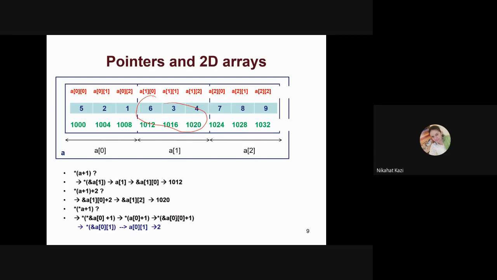And then plus 1. Okay, you just follow this sequence. So you will get address of A of 0, 1. Okay, and these two operators complementary cancel out. So you are left with the element. So you are seeing how the double star has come now, and you are getting the element at this location. Is this clear? I know it's a little difficult to understand, but you will need to go through this example once again.